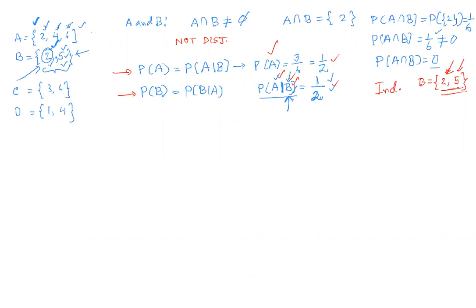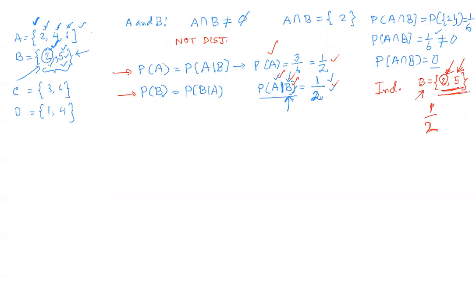But if the outcome is 5, then A will not happen. So your chances of A as well as B happening would be just one number out of these two numbers, or 1/2. Given that B has already happened, the probability that A will happen is 1/2.